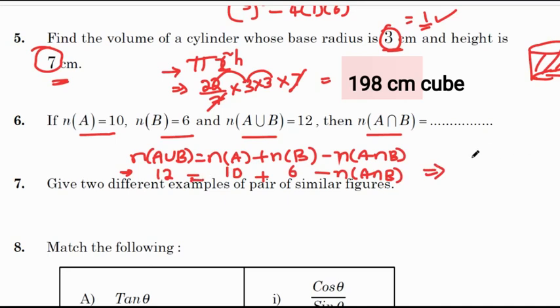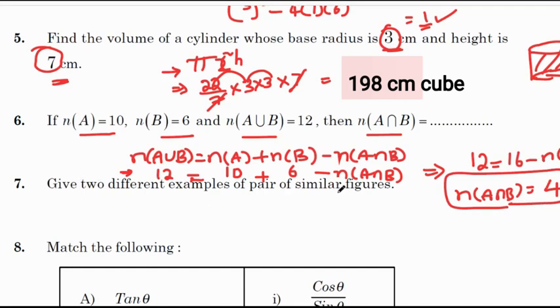So 12 is equal to 10 plus 6 is 16 minus n of A intersection B. So we'll send this 16 to the other side. So n of A intersection B will become 16 minus 12, which is nothing but 4.